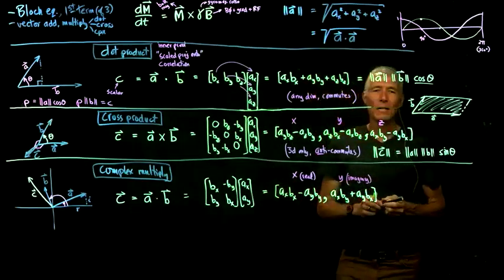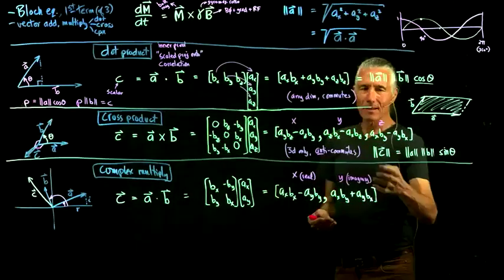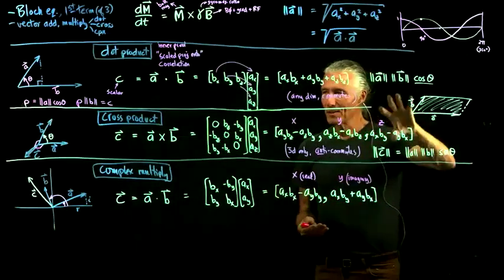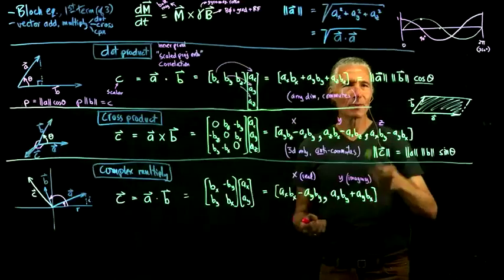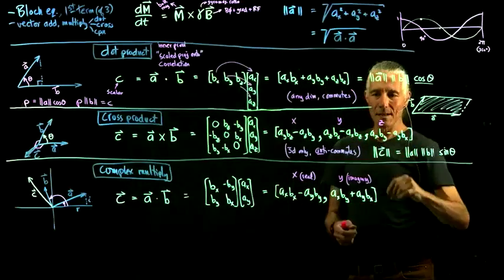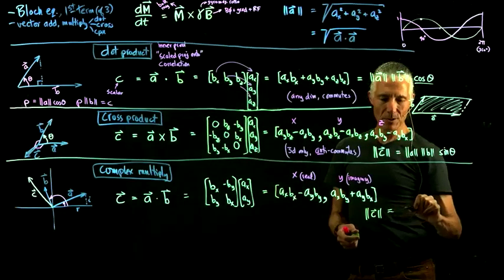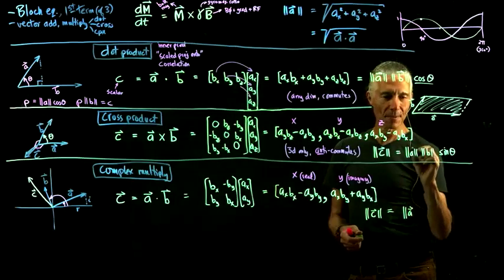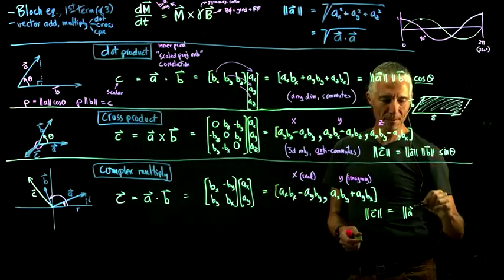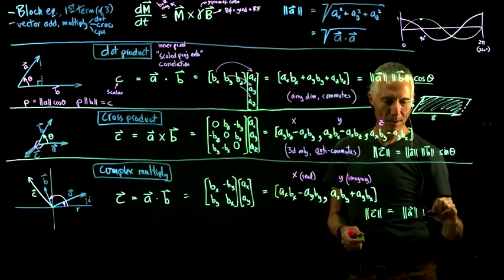Okay. And so what does that look like compared in this final panel here, where we take the length of the vectors? Well, the length of the c vector is just equal to the length of the a vector times the length of the b vector, and the angle doesn't matter.